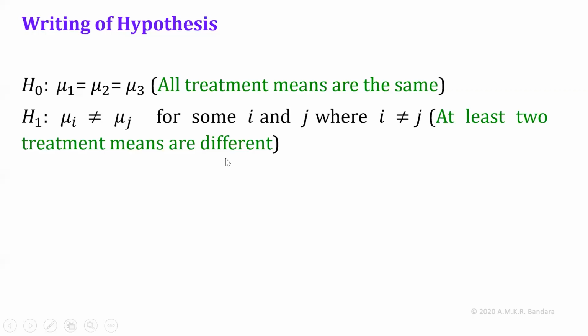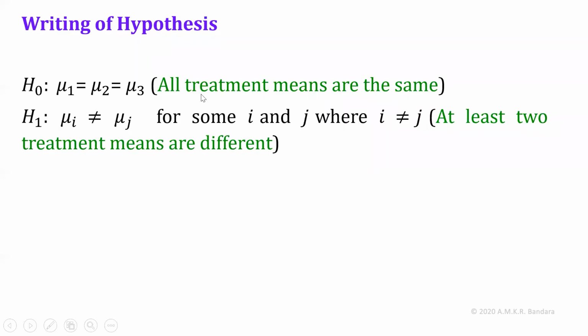In simple terms, you can write the null hypothesis as all treatment means are the same. Note that in an exam or in your questions, you have to write it in context. Here we have applied varieties, so you have to write all varietal means are equal.